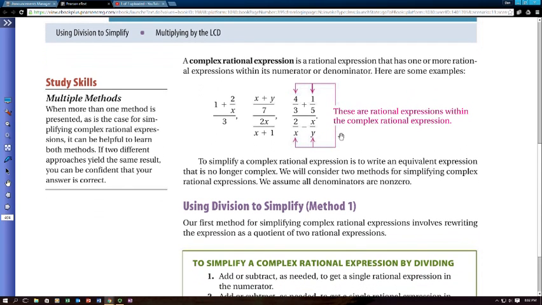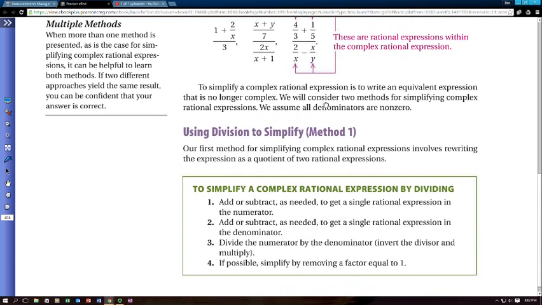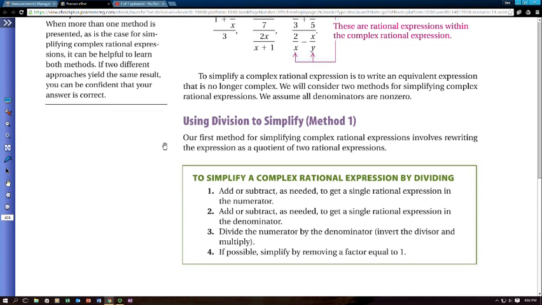So really it's fractions of fractions, and that makes them complex. We're going to follow all the rules we deal with fractions, and there's nothing really new. This is really strategic application, trying to say, what are good ways to deal with these types of rational expressions.